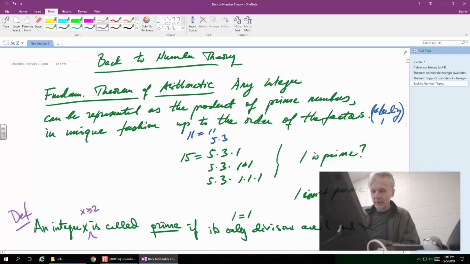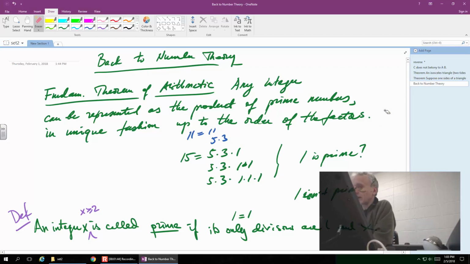So that's the definition. Here then, in my statement of the fundamental theorem of arithmetic, you've got to say factors other than 1. So 1 does count as a factor, right? Anything that divides the number is its factor.